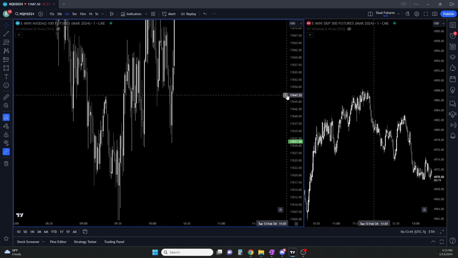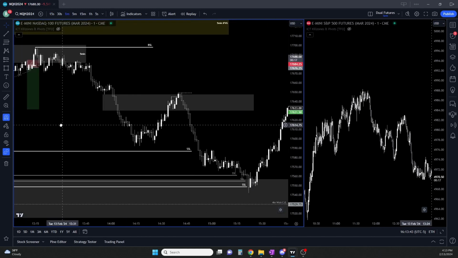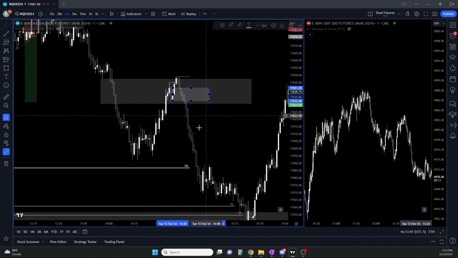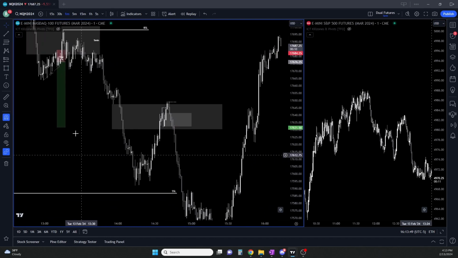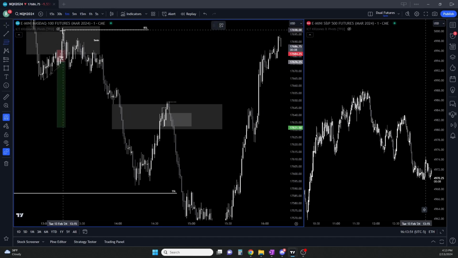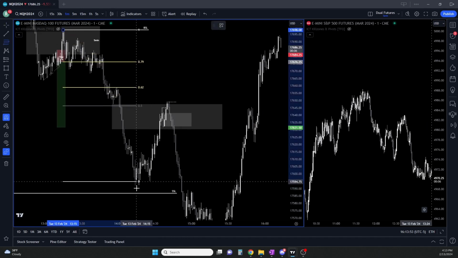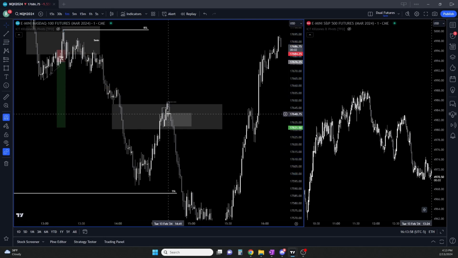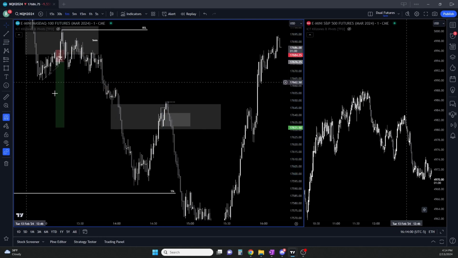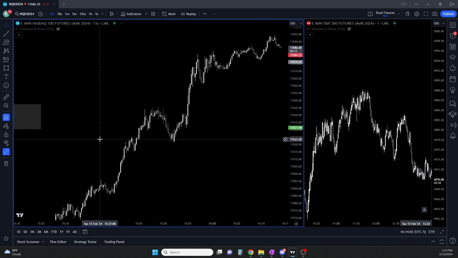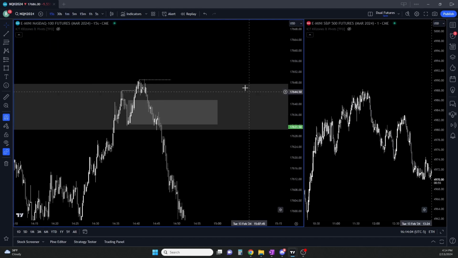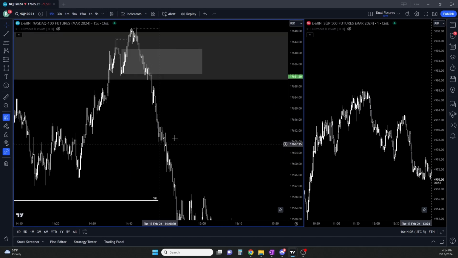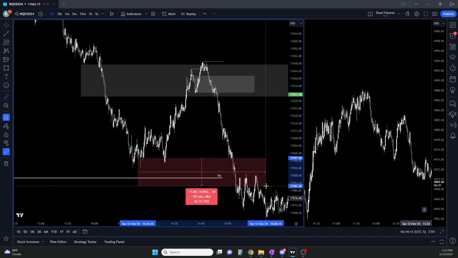If you zoom out to a 1-minute, this is your little 1-minute breaker here. And this was also just in discount of the range. So I was willing to take a short here, but if you see, there was no real pullback into a fair value gap or anything. We just kind of rolled over and dumped into this low.